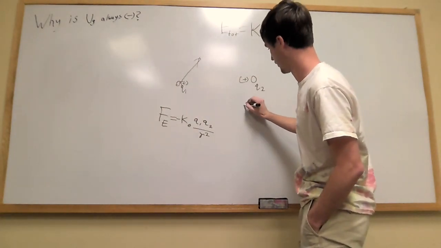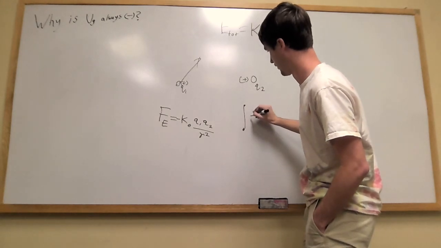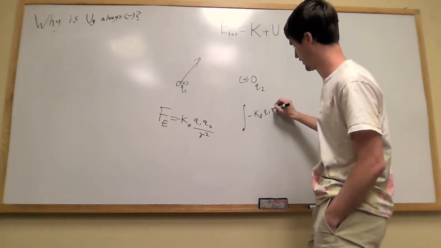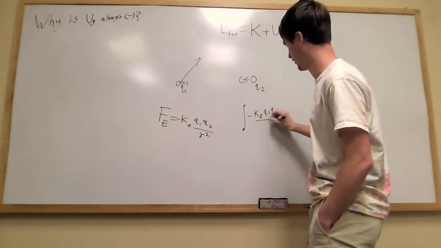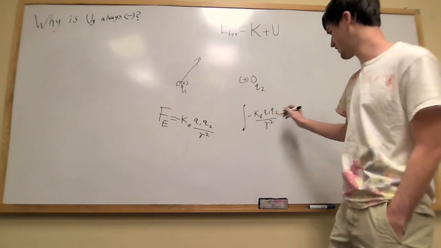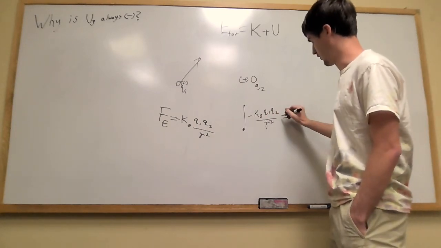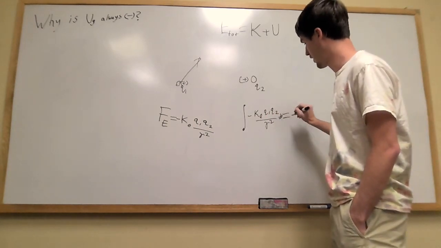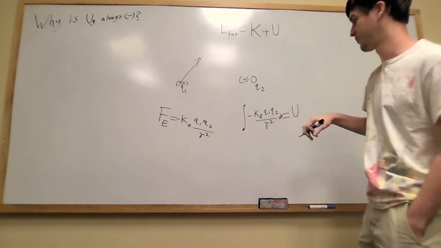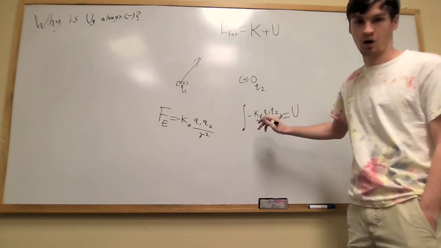The integral of minus k_e Q1 Q2, which are the charges, over the distance squared, dot dr, will be equal to the electrostatic potential. So what are our bounds?